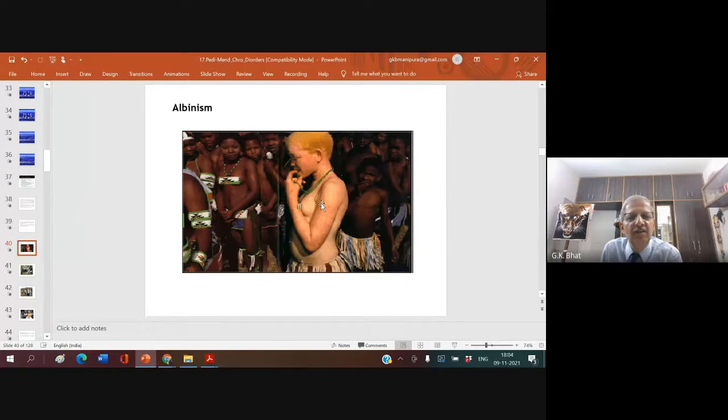Hello? Yes, sir. This is called albinism. This is an albino girl. A girl heterozygous for albinism has the recessive allele a. And this girl marries her own maternal uncle. He also has the albinism gene, but it is heterozygous. Looking at them, they are normal.